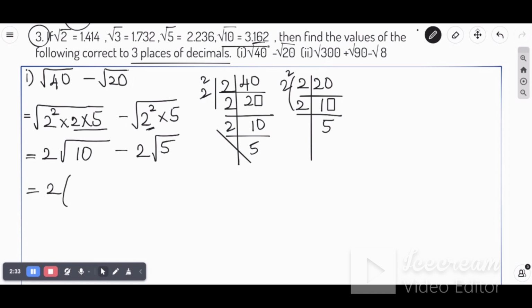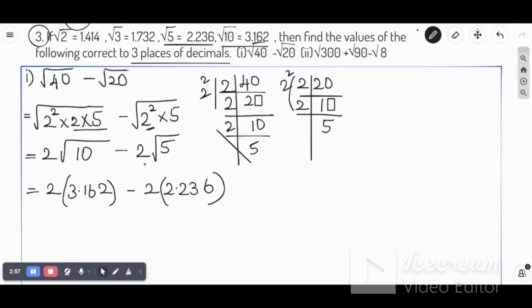What is the square root of 10 value? 3.162. You can put 3.162 minus, what is the square root of 5 value? Minus 2 of, close the bracket and put your minus 2, and for square root of 5 also you have got the value, 2.236. So hope you understood this.